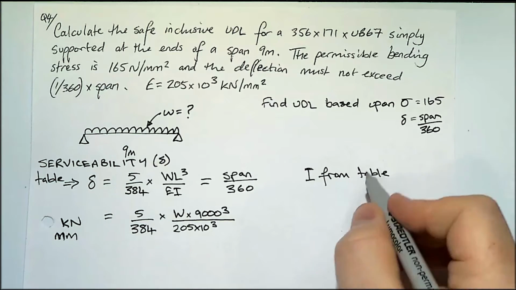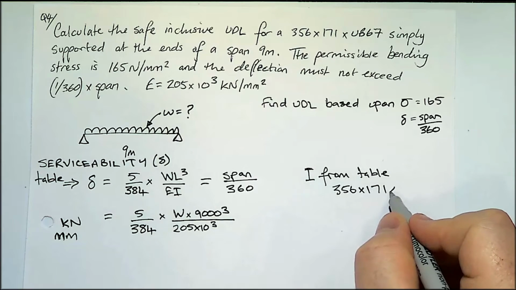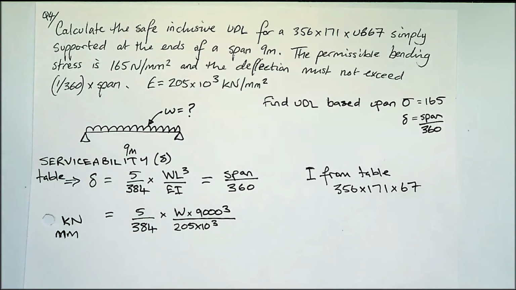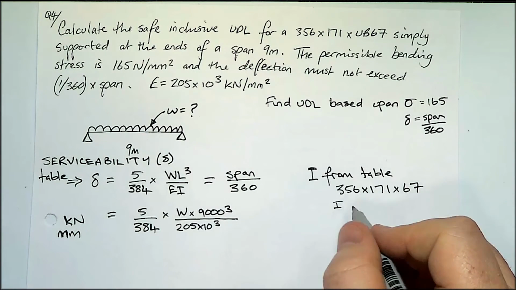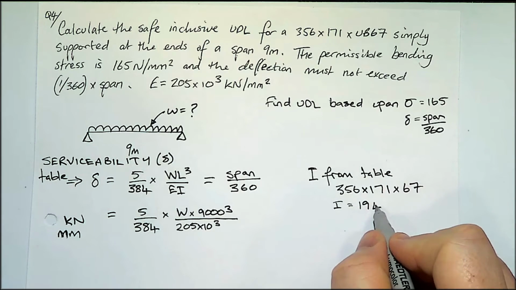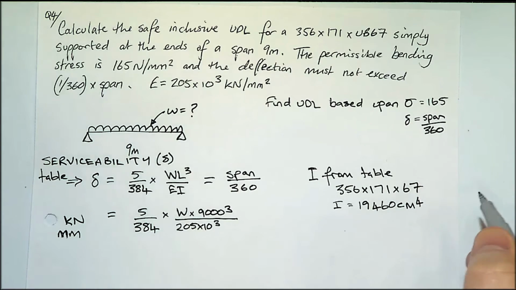So if you looked up a 356 times by 171 times by 67 beam, in your tables, you should find your I value is 19,460 centimetres to the 4.